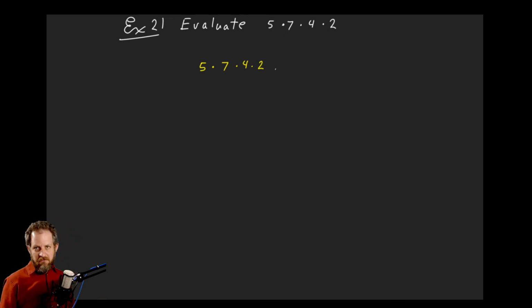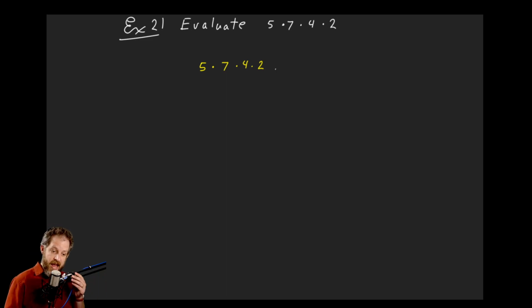Now, you could just jump on this and do 5 times 7 is 35 times 4 and whatever else. But the reason why you might want to use some of these properties like the associative and the commutative is because it's kind of easier to do in your head, right? And so what we can do is first we can rearrange them.